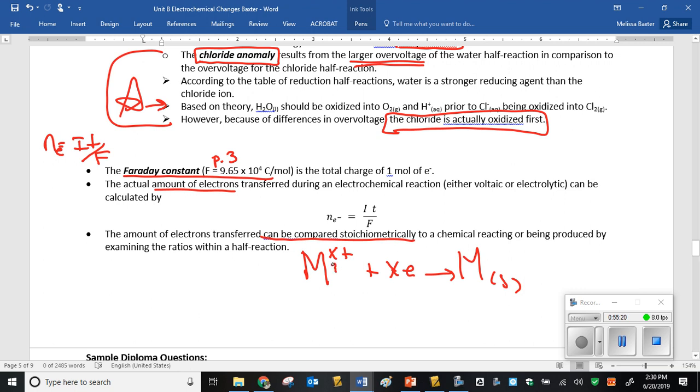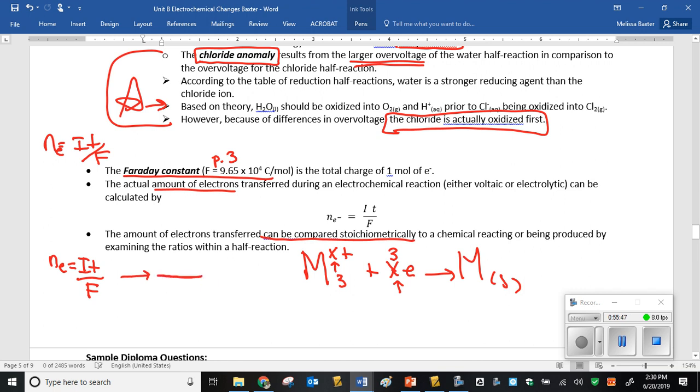Whatever the positive charge is of the metal, that's how many electrons there would be. So if this was 3 positive, there would be 3 electrons in that reaction. If I was trying to calculate something about this particular mystery metal with a charge of +3, I would use the Faraday thing first. Then I would take that and use the mole ratio.